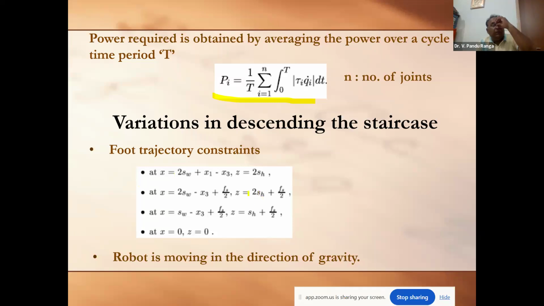Ascending has one type of boundary condition, and descending follows different conditions to solve the coefficients of the cubic polynomial of the swing foot trajectory of the robot.